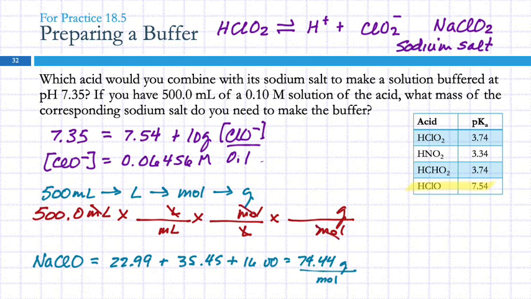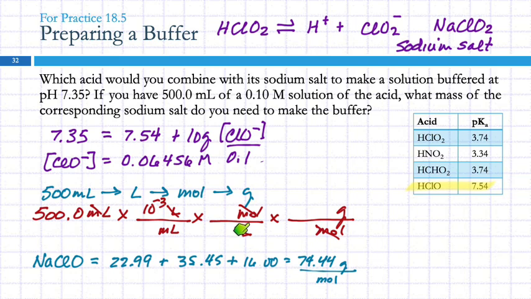You put all the units in, and then the units tell you where to put your numbers. What's the relationship between milliliters and liters? 1,000 milliliters is equal to a liter. The other way you can write that is milli means 10 to the minus 3. So a milliliter is 10 to the minus 3 liters.